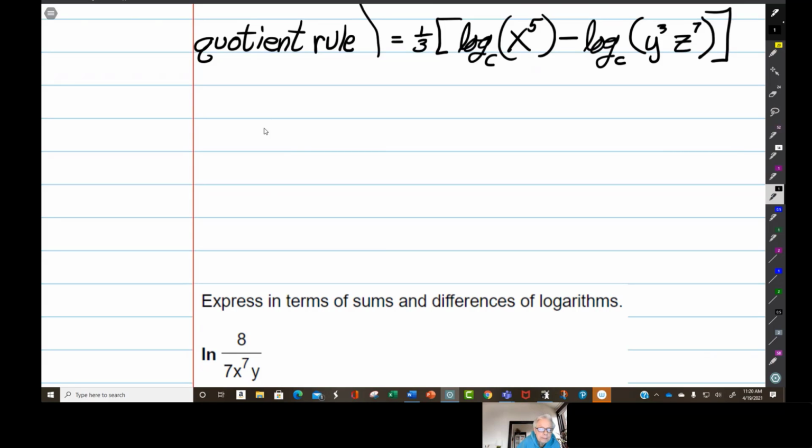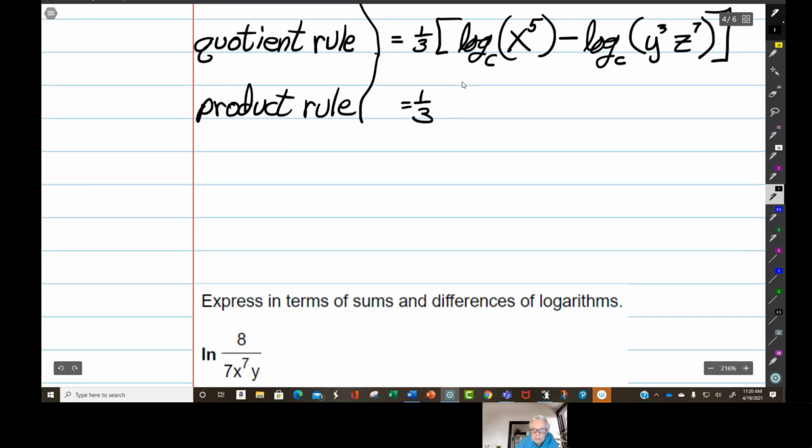Okay, now I'm going to use the product rule. Now I could move that 5 down in front, but I prefer to not mix steps, if that makes sense. So log base c of x to the 5th.